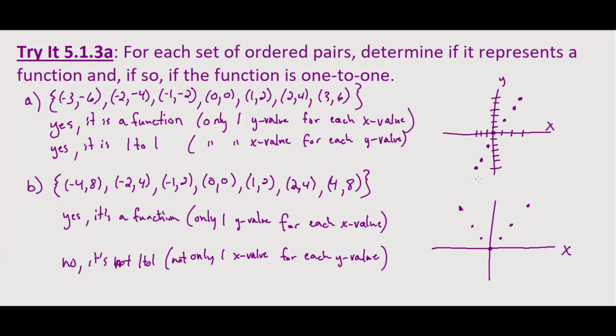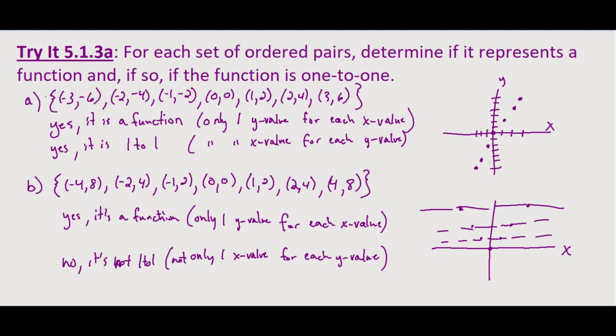So as you can see, it passes the vertical line test, but it would not pass the horizontal line test because the horizontal lines pass through these points of symmetry of the parabola. So again, vertical line test to see if it's a function, horizontal line test to see if it's one-to-one, if it is a function.